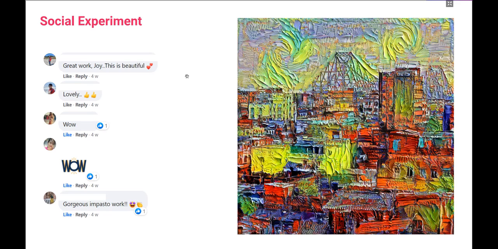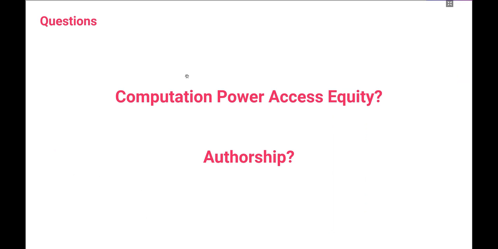As you can see from the kind of comments I got, people were in a way fooled, which is unethical to a certain extent, but it's also proof of concept of the fact that unless people are explicitly told that a machine generated this figure, at least to the non-experts, it would seem like something that a human has indeed painted. So danger as well as potential go hand in hand.